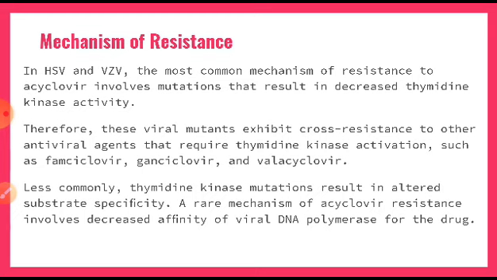So when there is no thymidine kinase, how will acyclovir convert into its active metabolite? And for varicella zoster, there is a change in specificity of the viral surface enzyme, so it cannot detect it well.